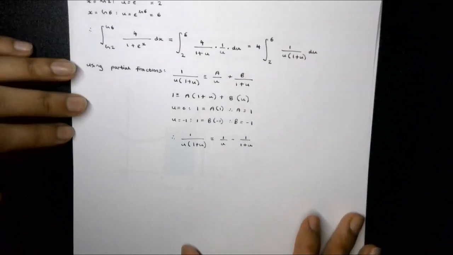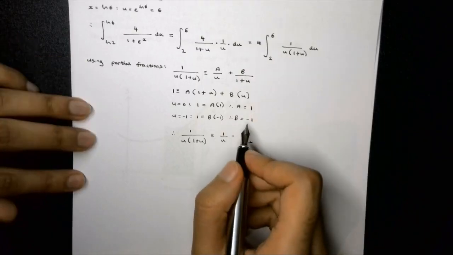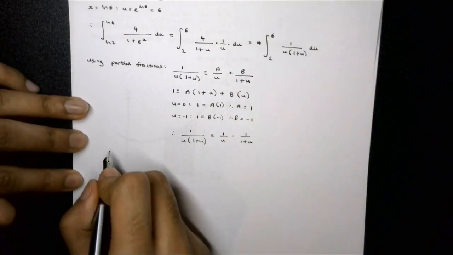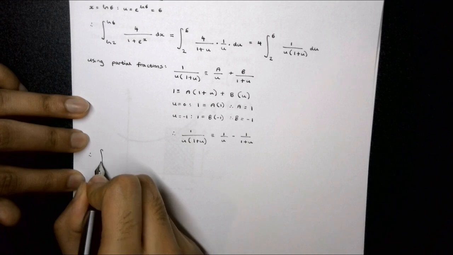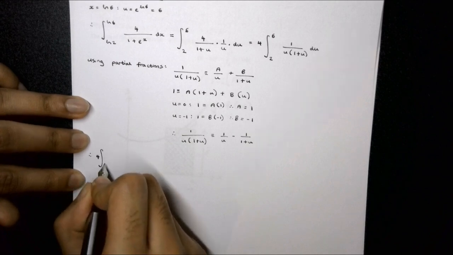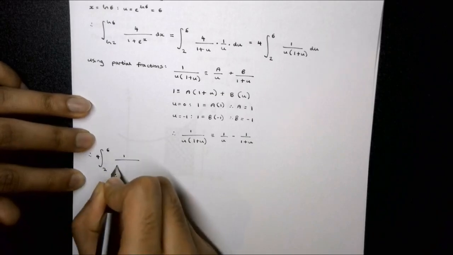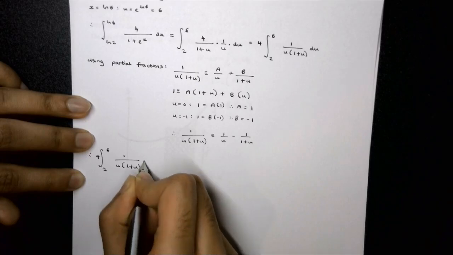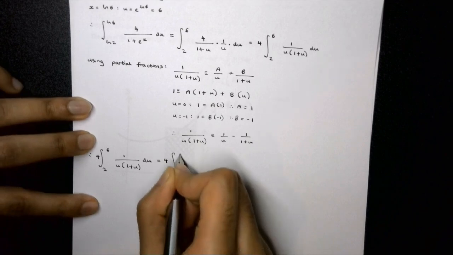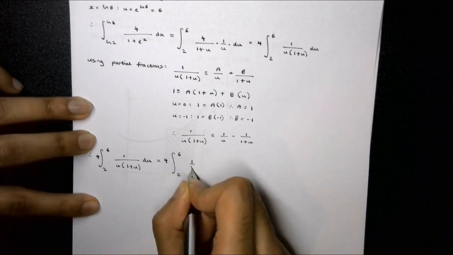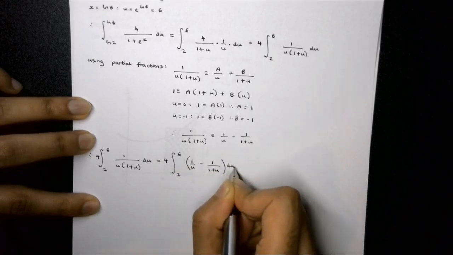So if we use the result we have over here and replace as necessary, you can see that 4 lots of the integral from 2 to 6 of 1 over u lots of 1 plus u with respect to u is equal to 4 lots of the integral from 2 to 6 of 1 over u minus 1 over 1 plus u du.